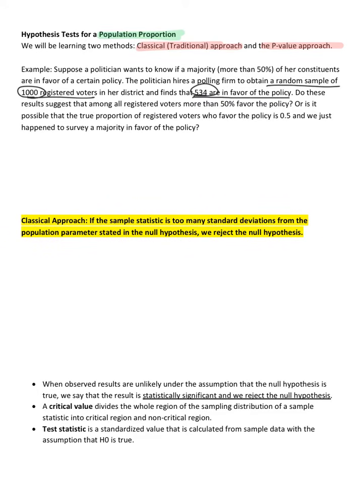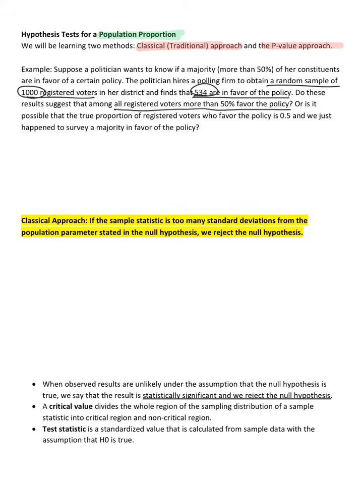Do these results suggest that among all registered voters, more than 50% favor the policy? Or is it possible that the true proportion of registered voters who favor the policy is 50%, and we just happened to survey a majority in favor of the policy?